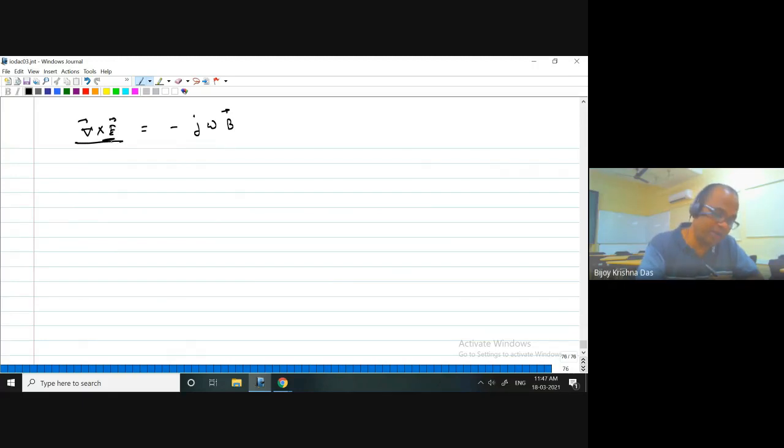So I can equate x component from the left hand side, x component from the right hand side. I can equate y component from the left hand side, y component from the right hand side, then I can get the solution for By. The z component of the left hand side, z component of the right hand side, I can get Bz.